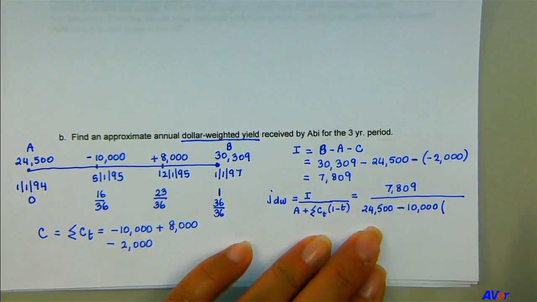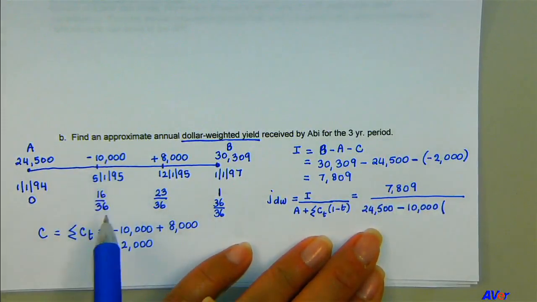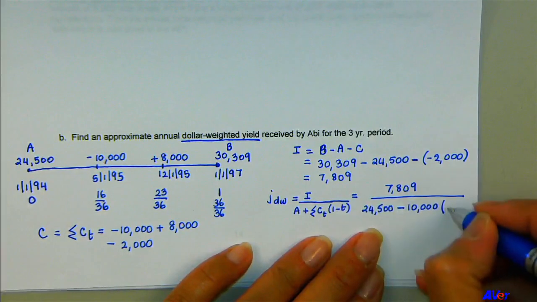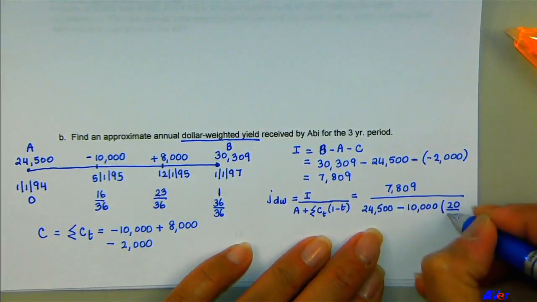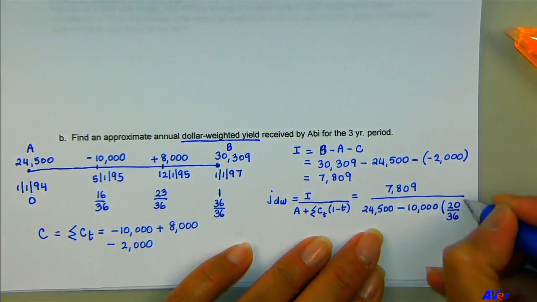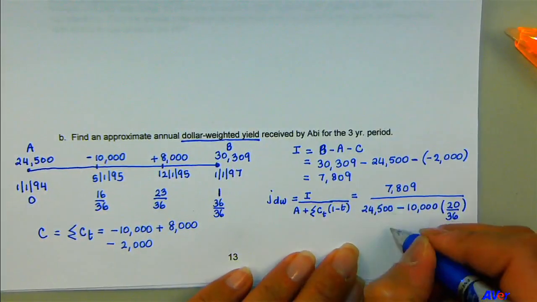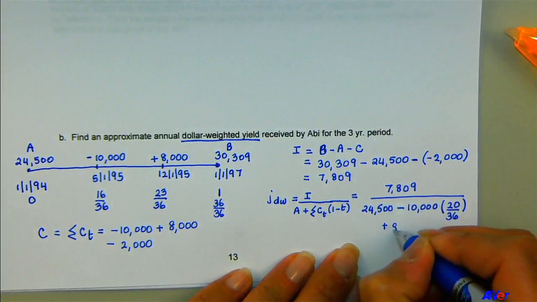Minus 10,000, and this time left over would be 36 minus 16, which is 20 over 36. I'm doing 1 minus T. And then the next contribution is positive, plus 8,000.